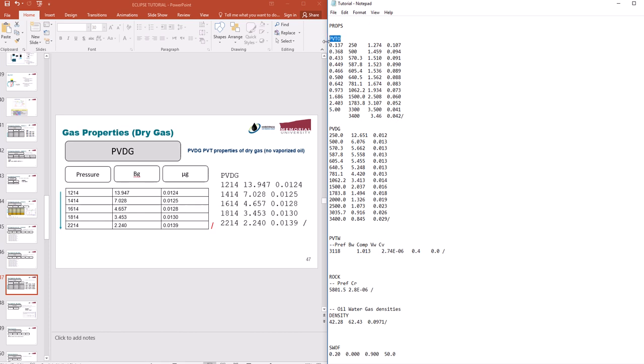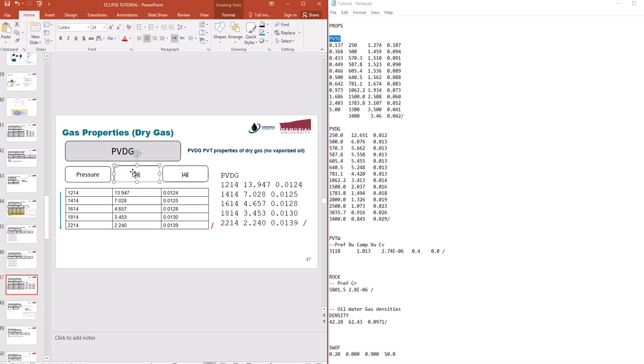Right now we need to tell Eclipse how the dry gas, how the gas phase, is changing with pressure. For that we need to use the PVTG keyword. The PVTG keyword is used for the dry gas, and it takes three items. The first item is pressure, so you need to provide pressure in increasing order.